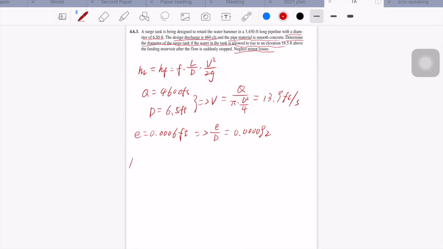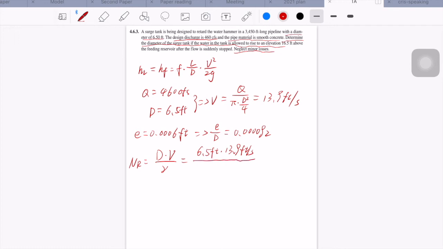And the Reynolds number equals D times V divided by the kinematic viscosity. So it equals 6.5 feet times 13.9 feet per second.